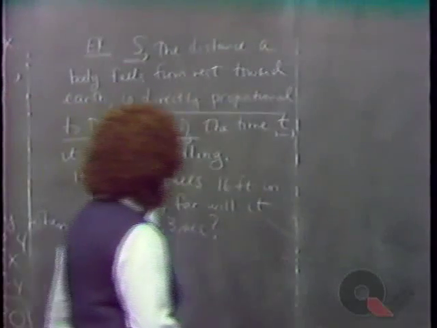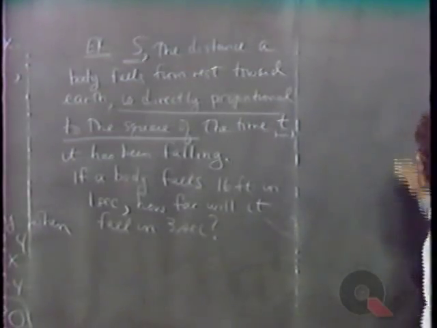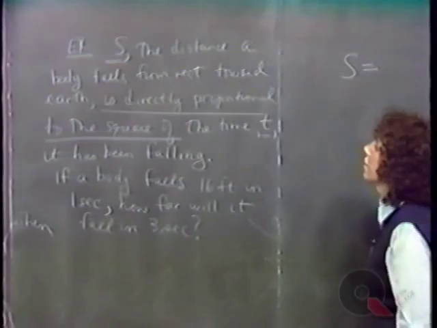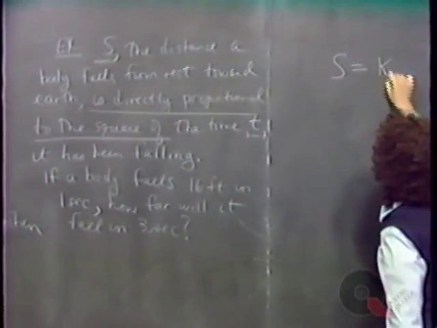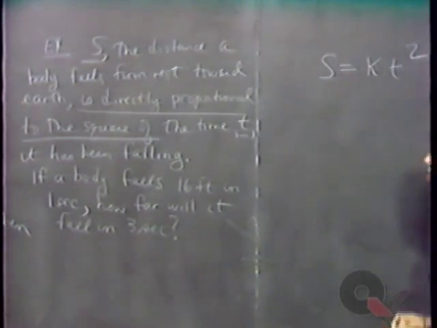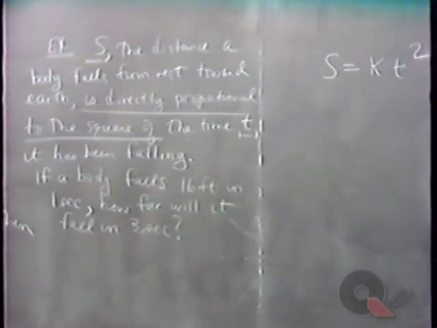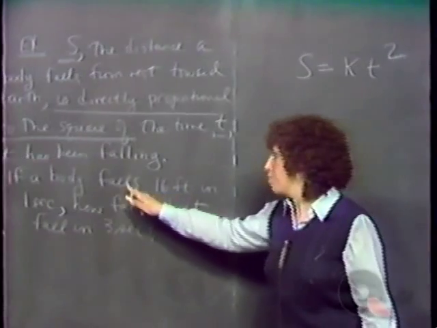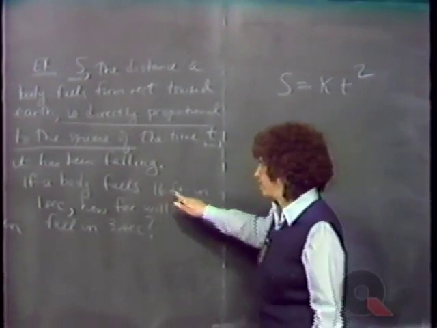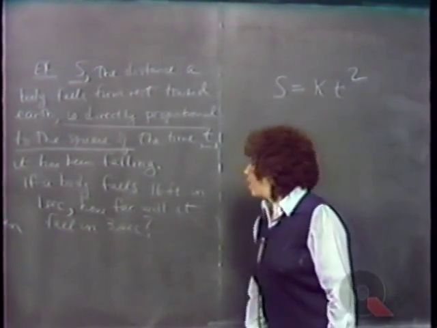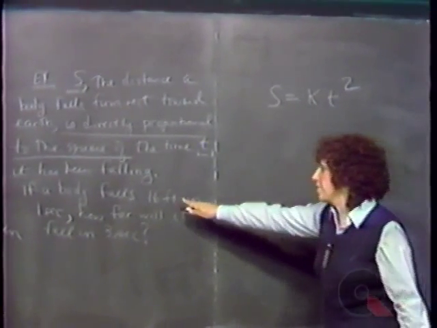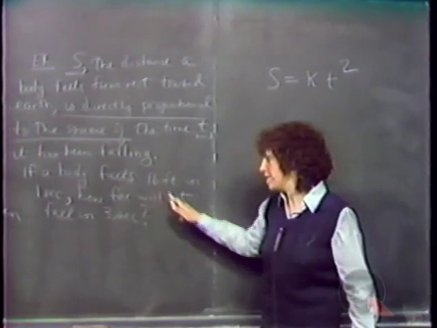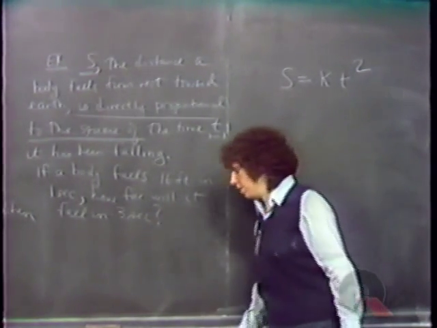We start by writing down that s is directly proportional to the square of t. We are told the relationship between s and t. A body falls 16 feet in 1 second. That's like saying when t is 1, s is 16. And this is asking for what is s when t is 3.